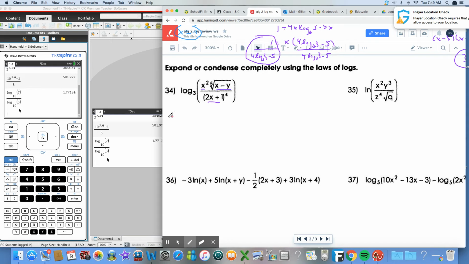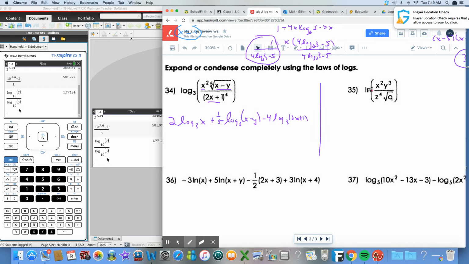So 2 log base 3 of x plus the 5th root means 1/5 log base 3 of x minus y minus, since it's on the bottom, 4 log base 3 of 2x plus 1. There's my answer.